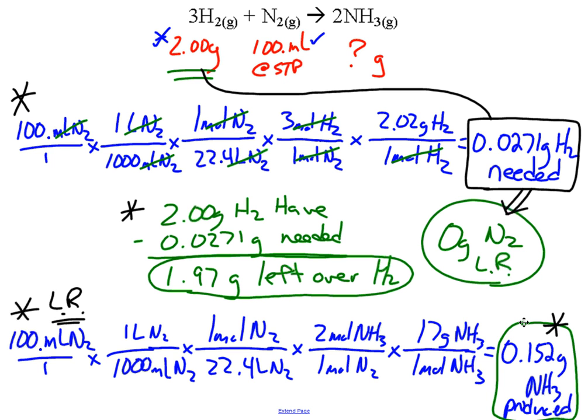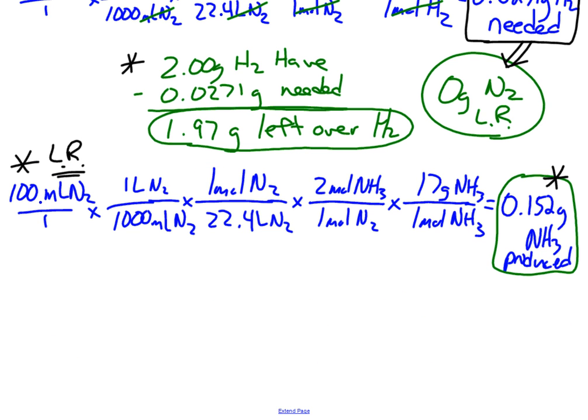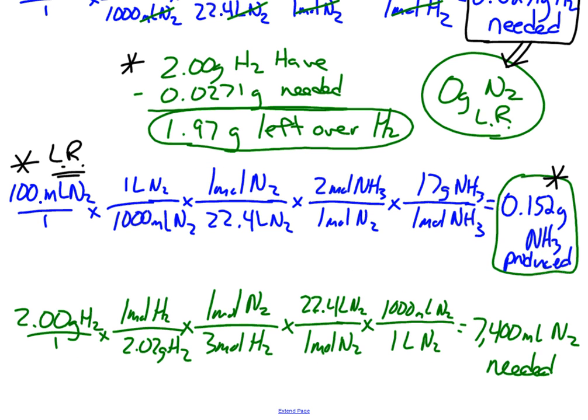Now, the question would come up is, well, what if we had chosen the hydrogen to start with at the beginning? So let me show you what that calculation would look like. All right, so here I've gone through and done the calculation for us. So starting with our grams of hydrogen, we go from grams of hydrogen to moles of hydrogen to moles of nitrogen.